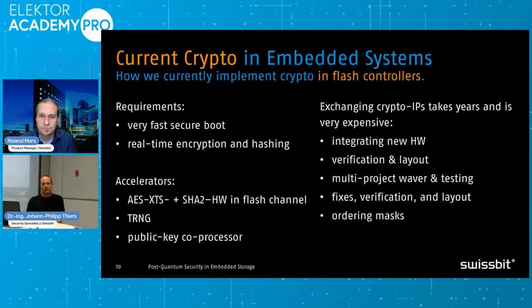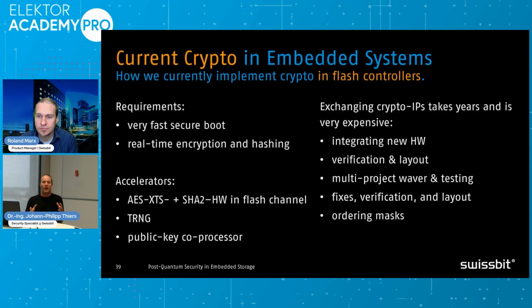But exchanging this public key coprocessor is very, very expensive and takes a lot of time, as we need to integrate the new public key coprocessor, which uses MLDSA, for example. We need to integrate this, and this is not just plugging it into the bus, but we also need to consider the different clock domains the coprocessor might require, and we need to consider clock gating to have a good power efficiency, stuff like that.